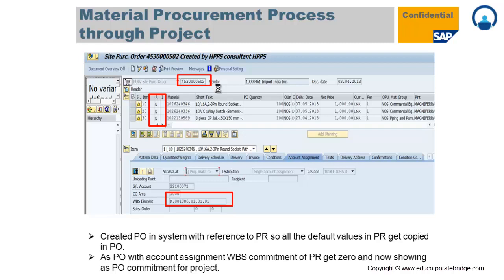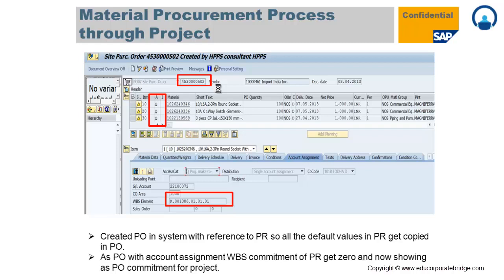Purchase requisition is nothing but an indent, which is created by the respective project department or a project engineer, and the purchase order is converted with reference to the purchase requisition by the procurement department or a purchase officer. So create a PO with reference to PR.